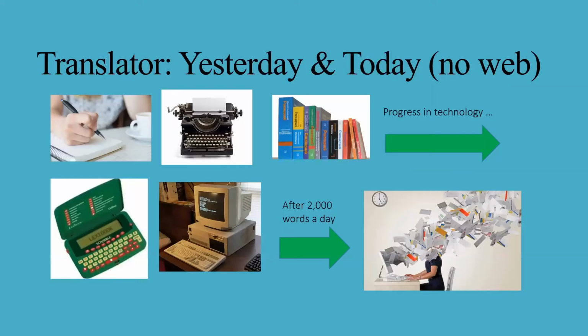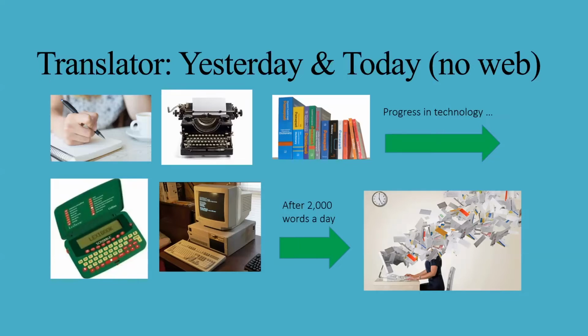And then, about translators of yesterday and today. Translators of yesterday worked in this way, with a pen and a pencil, or with a typewriter, and with a lot of dictionaries. With progress in technology, later translators could work with an electronic dictionary and a so-called 286 model of computer, which was quite advanced at that time.